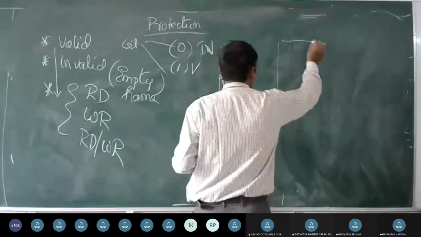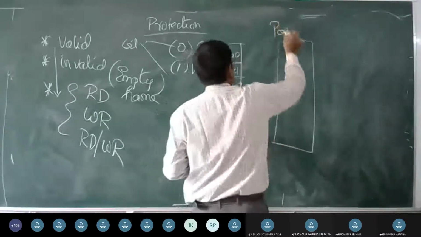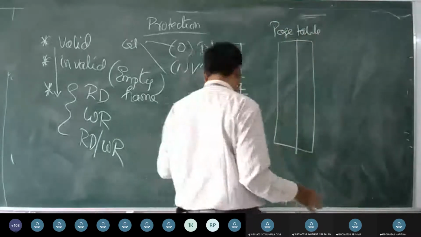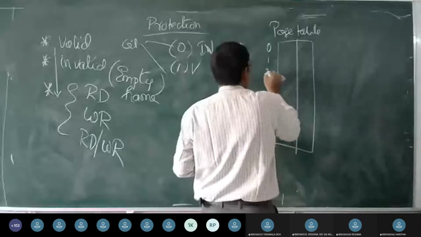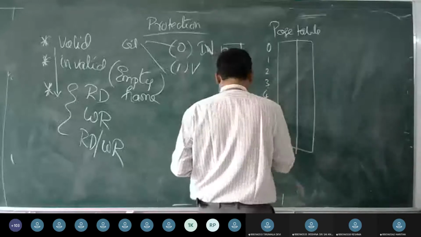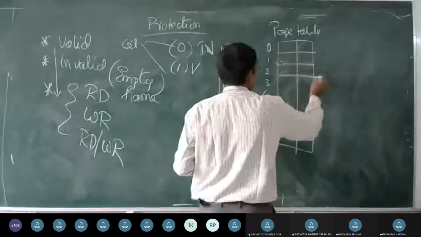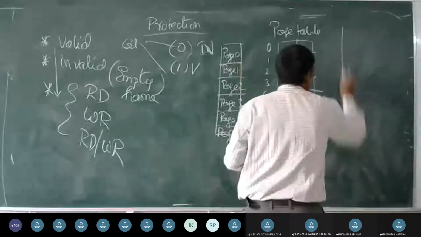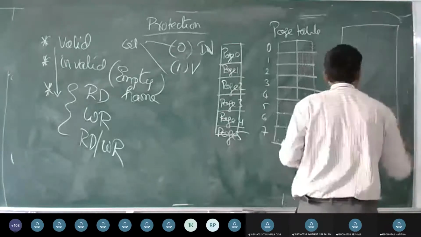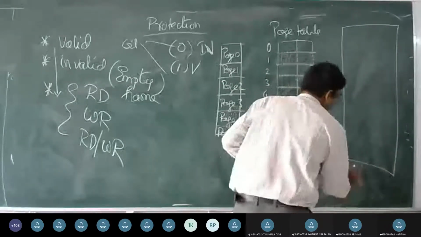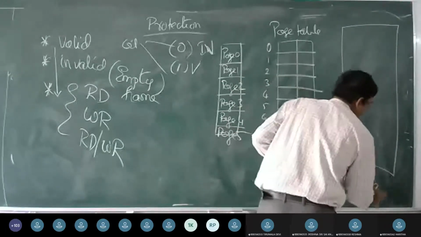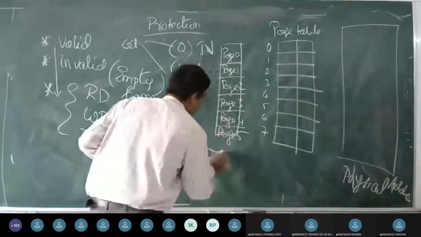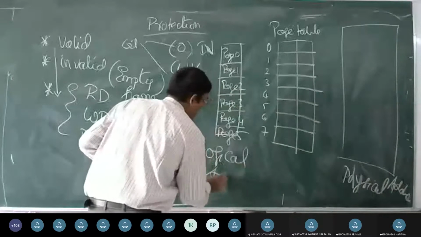Then I have a page table, and this page table is going to have a bifurcation 0, 1, 2, 3, 4, 5, 6, and 7, 7 elements. And the association towards the physical space we are going to call physical addresses. The second item here we are going to call logical addresses.